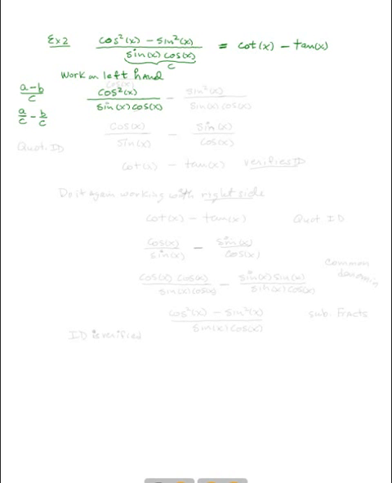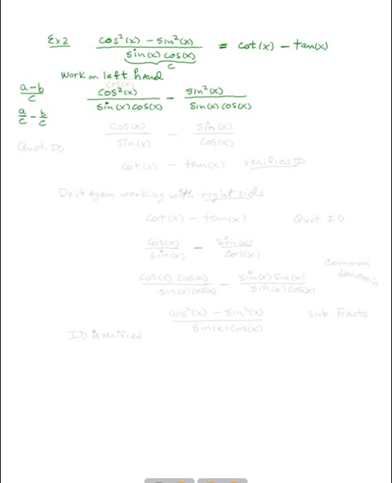And then the second term will be sine squared divided by the same denominator, sine times cosine. So now, in the first step, we have at least separated the left-hand side into two different terms.